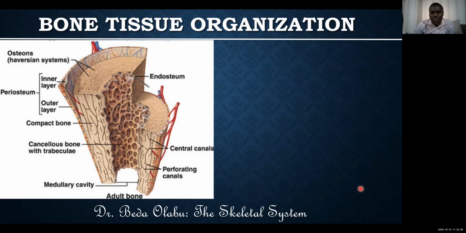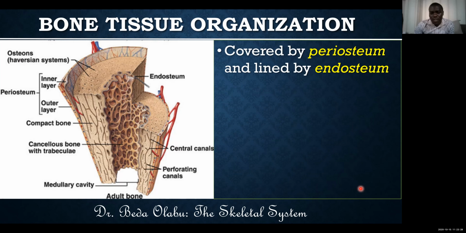In terms of coverage, we mentioned that bone is covered by a connective tissue membrane that we call the periosteum. Now, periosteum has two layers. The outer layer of the periosteum is fibrous and contains blood vessels. That layer is largely for nutrition.